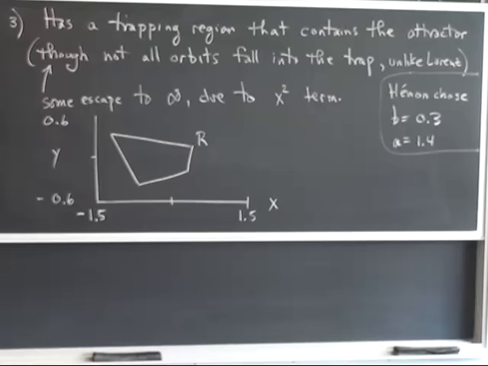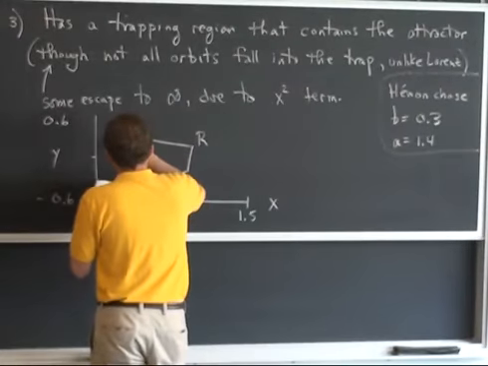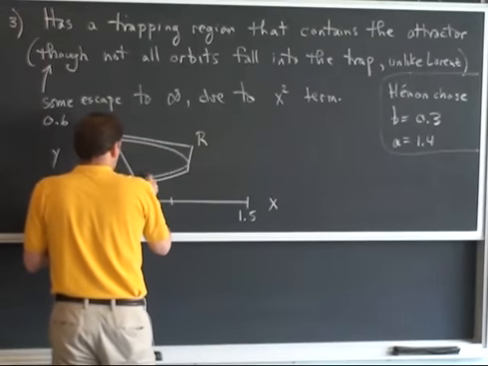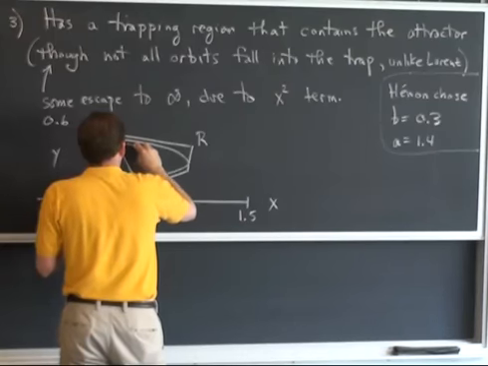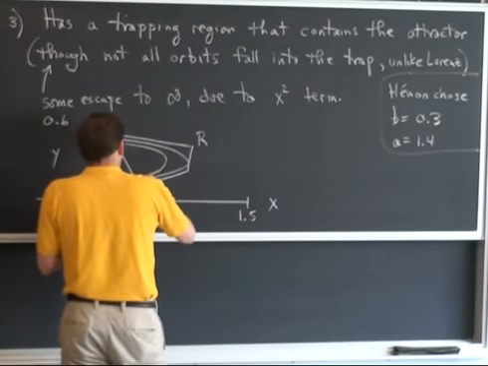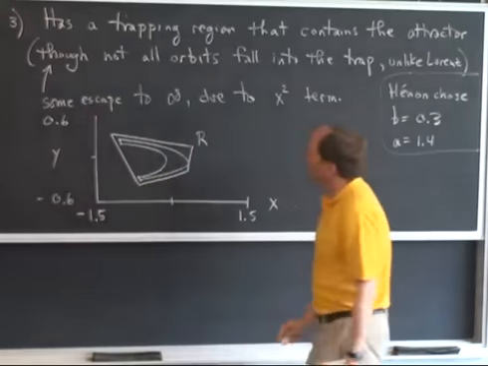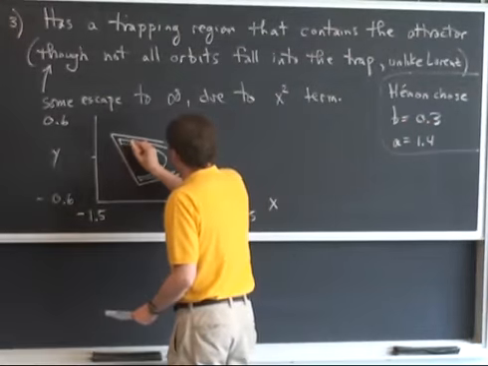If you then map those straight lines using his map, you can show that the shape ends up looking about like this. So that is this region in here that I'm going to shade.